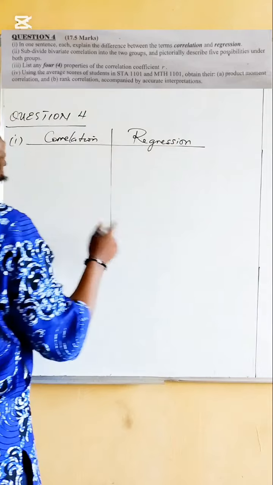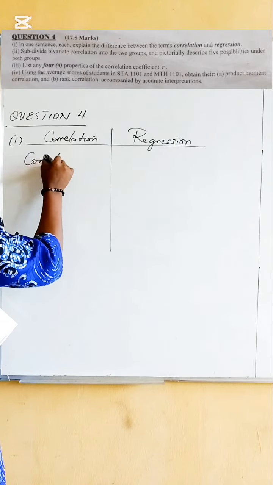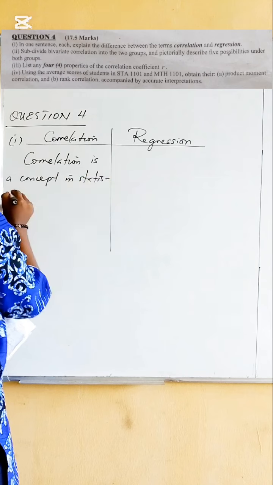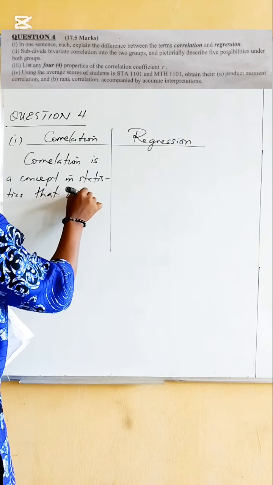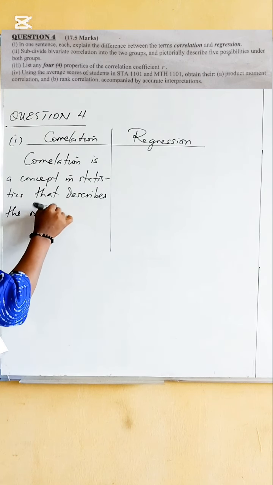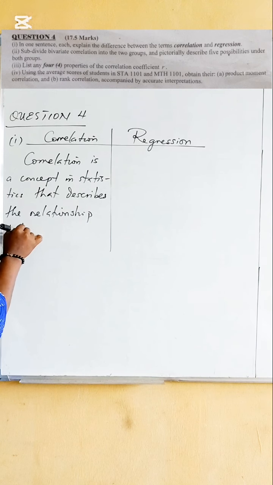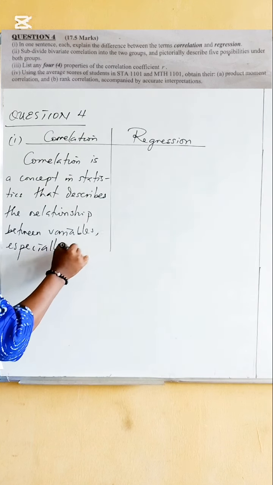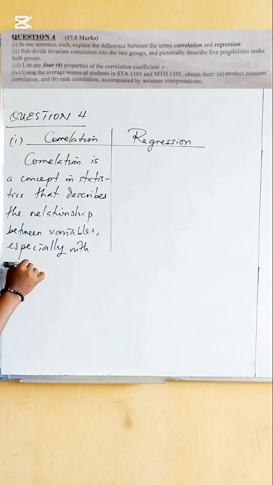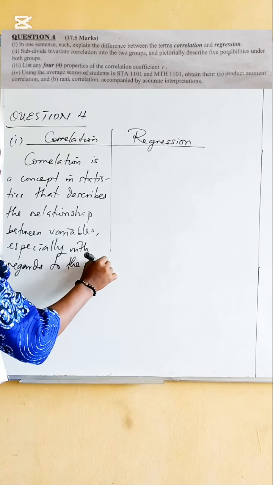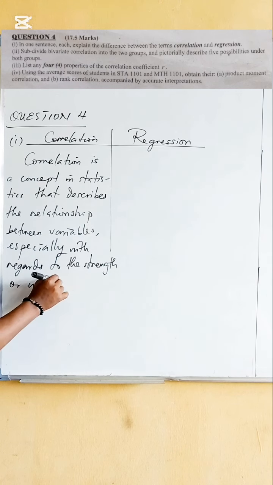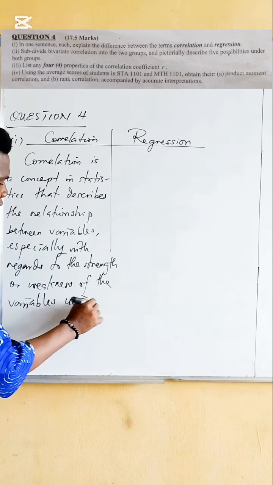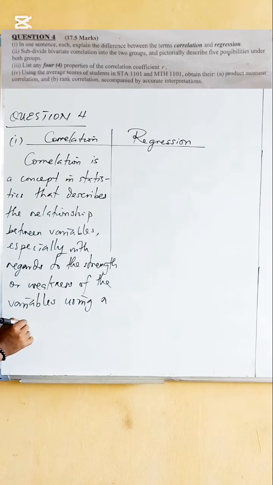Now, both of them are concepts in statistics. So I'll start with saying correlation is a concept in statistics that describes the relationship between variables, especially with regards to the strength or weakness of the variables using what we call a correlation coefficient.